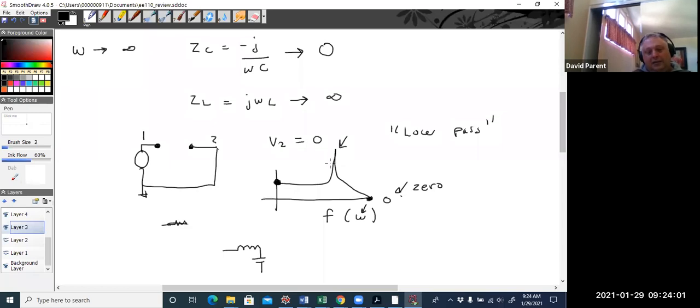It can actually, and if I'm just going to say this is magnitude, right? It'll have that kind of shape.